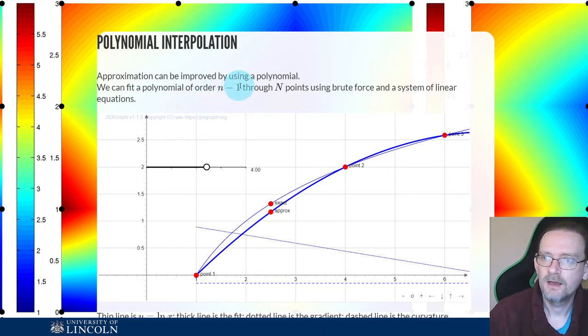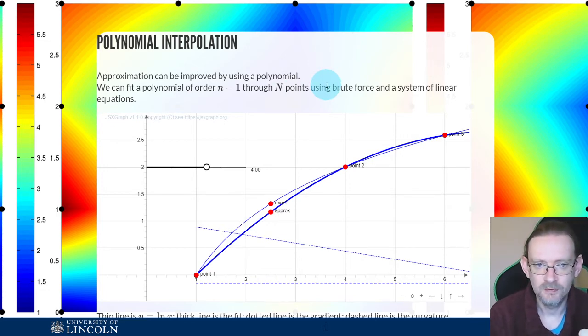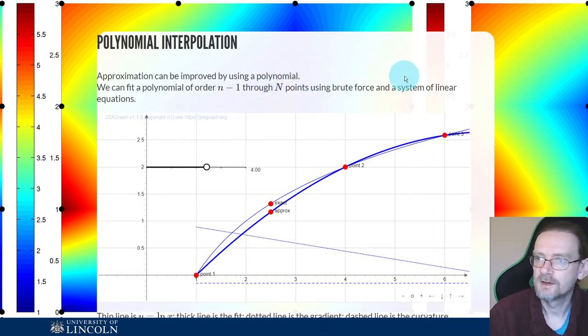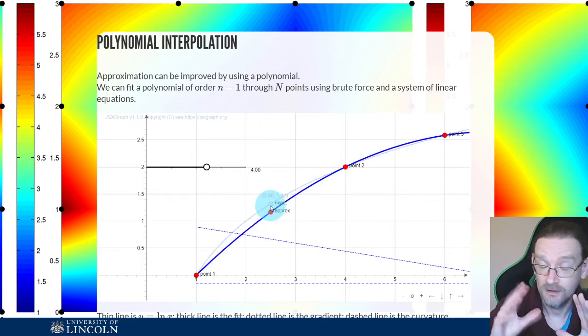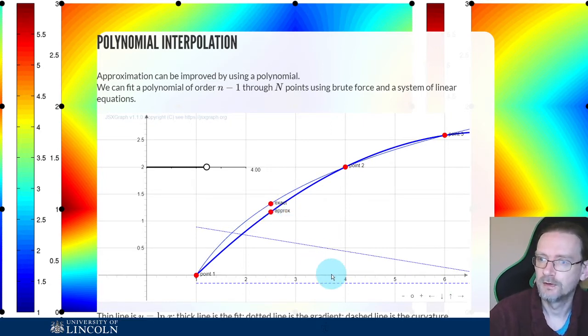So with a polynomial of order n minus 1, we can put it through n points. We could use our knowledge of linear equations. We've got n data points, n parameters to fit, and we can use that to find the exact polynomial that will go through the n data points.